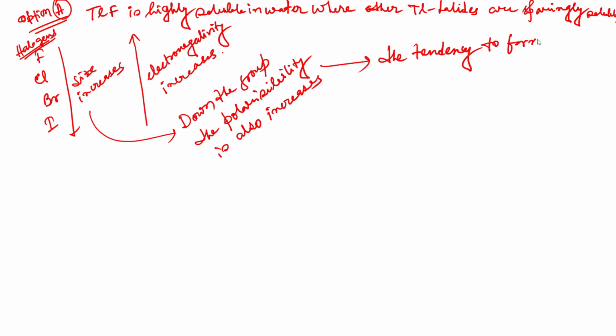This infers that the tendency to form covalent compounds also increases. Thus, if you go down the group in halogen halides, they will form more covalent character. Thallium fluoride is the most ionic among the thallium halides.